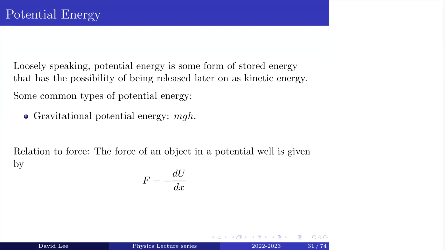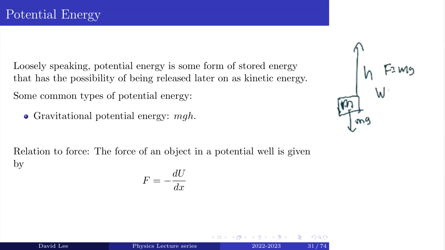So in this case, it will be mgh, because if we have a block that's mass m, we'll have gravity that's mg downwards. And if we try to pull it up a distance h, then we'll have to apply a force that's equal to mg.